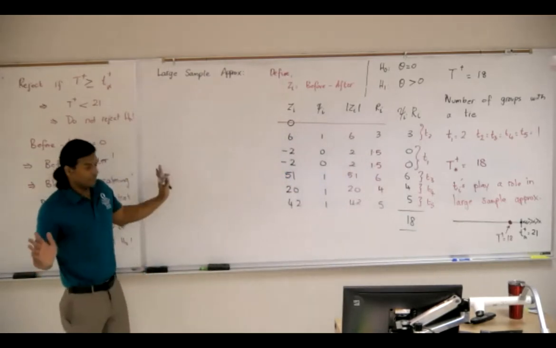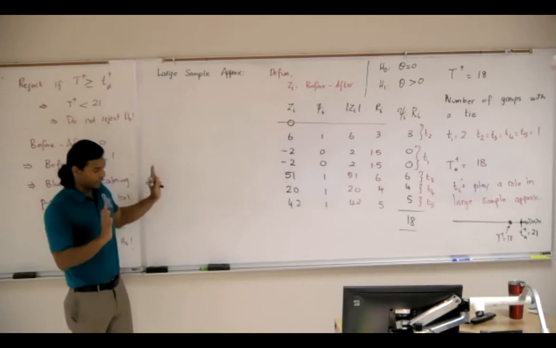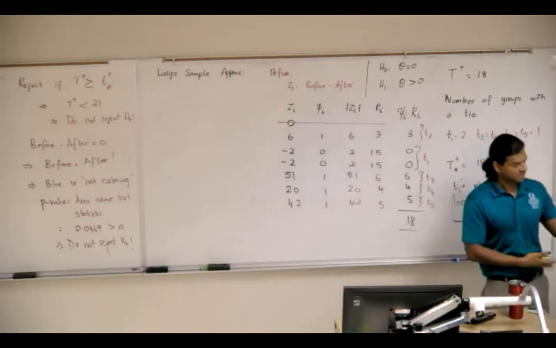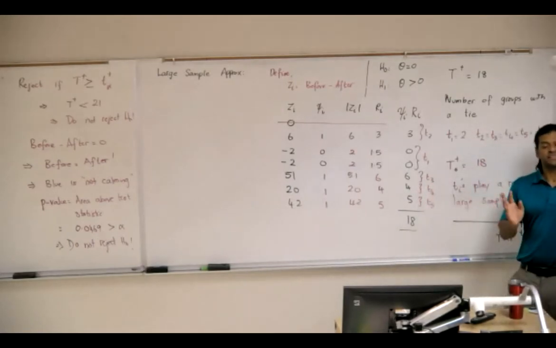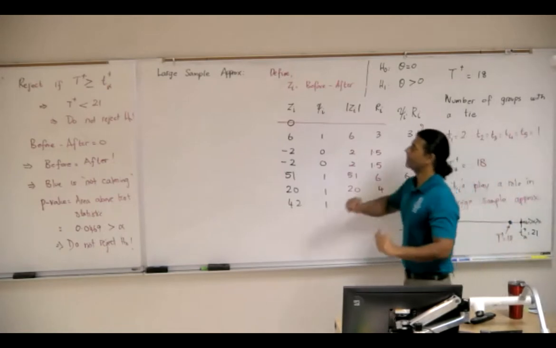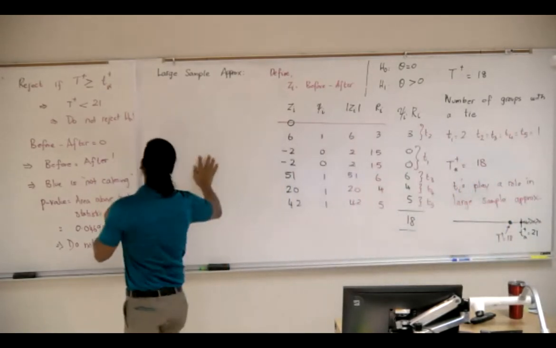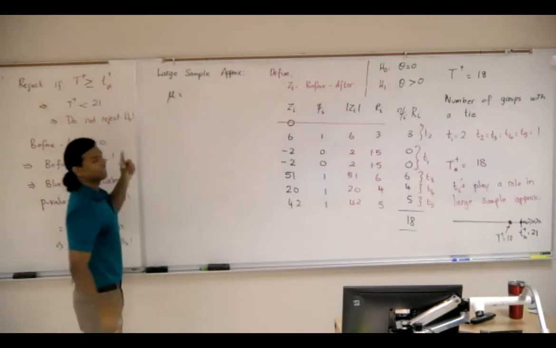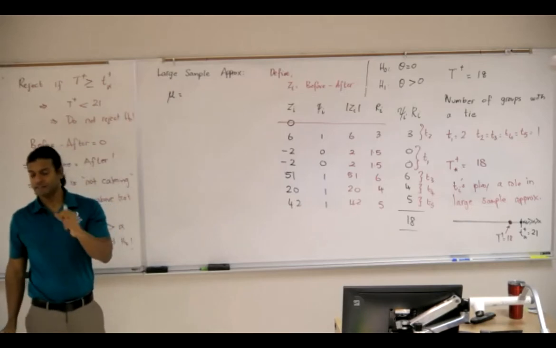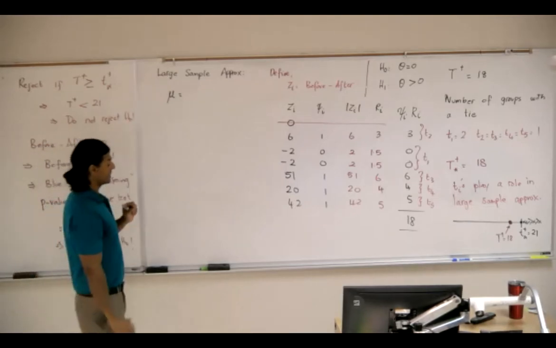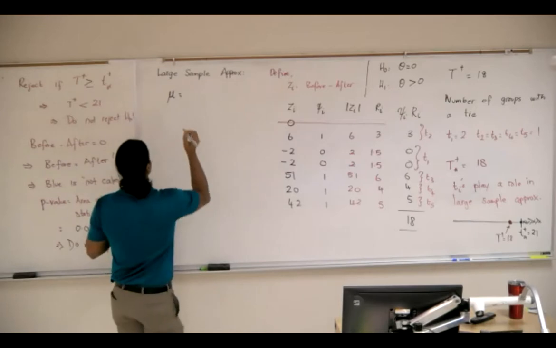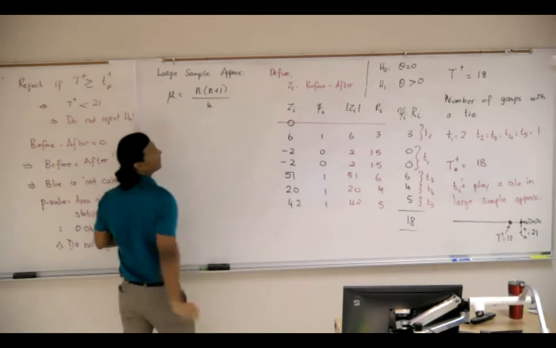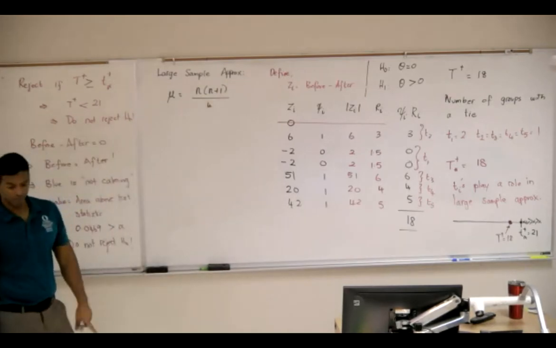The purpose of doing a Wilcoxon signed rank test is because our sample size is small and we are doing it in a distribution-free manner. But if I assume that large sample is going to work, then we need the mean and the variance to find a standardized test statistic, which is a z-score. The mean is always n times n plus 1 over 4.